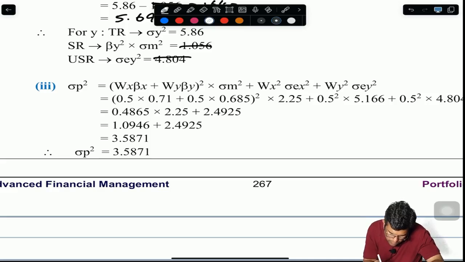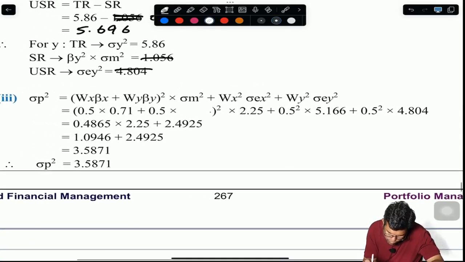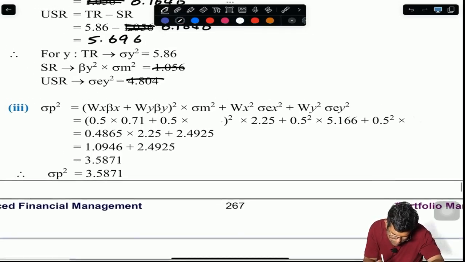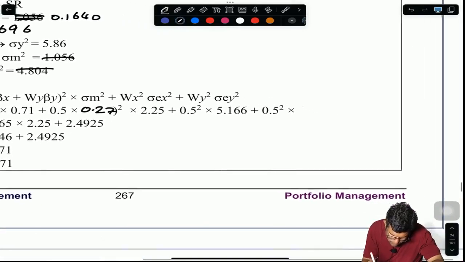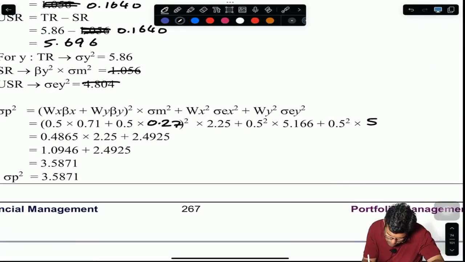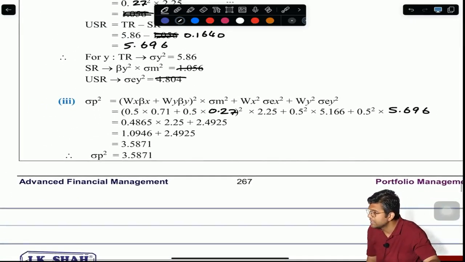Here this beta changes, this changes. Is this correctly written? Just check.